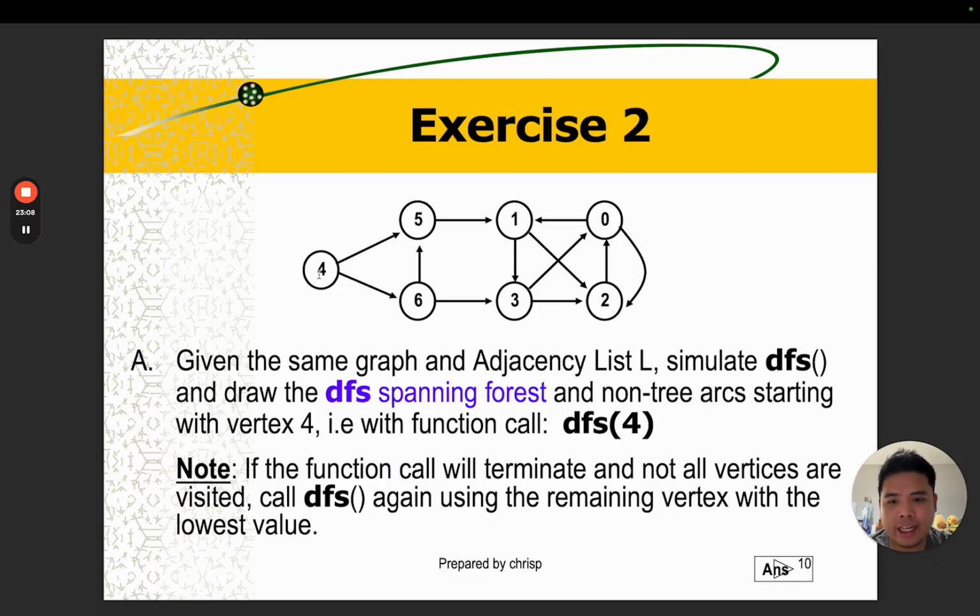So I technically did DFS 4, then I did DFS 5. I'm at 5. I'm going to look if I have adjacent nodes. 5 points to 1. There are no other adjacent nodes for 5, so I'll go to 1.